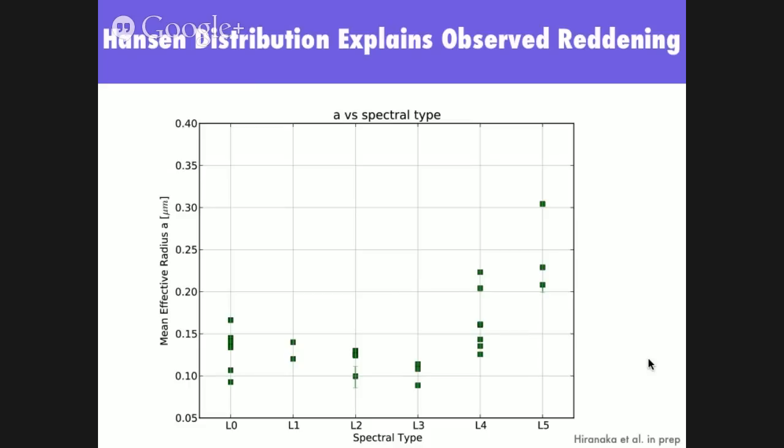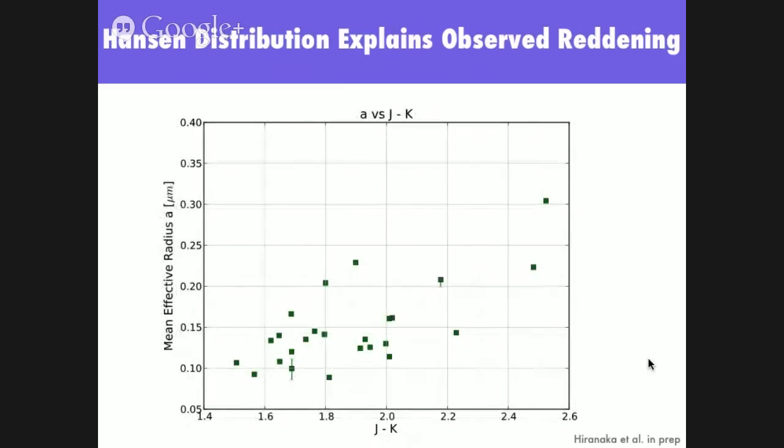They might have populations of slightly larger grains than from L0 to L3. Now I also plotted the radius against J-K color, and here you can see the correlation. So the redder objects have bigger grains in their dust haze.